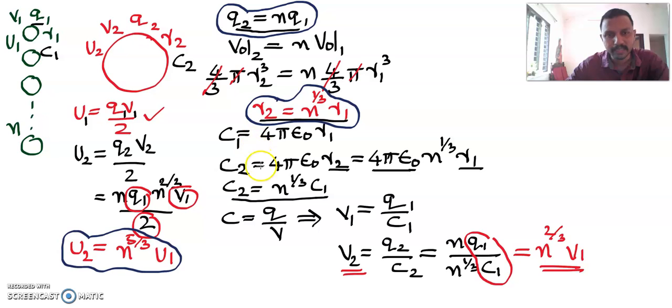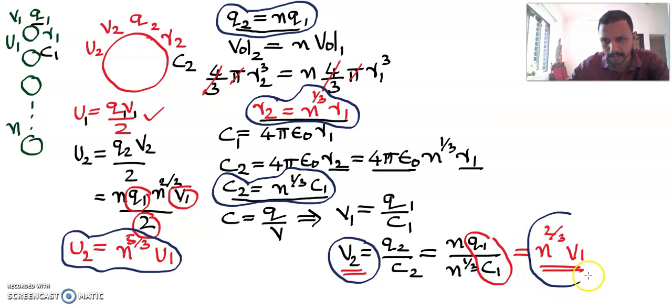Clear? Then the relation between the capacitances of the larger and smaller drop will be C2 is equal to n raised to 1 by 3 C1, and the relation between potential of the smaller and larger drop will be V2 is equal to n raised to 2 by 3 V1, and the relation between the energy of the larger drop and smaller drop is U2 is equal to n raised to 5 by 3 U1.